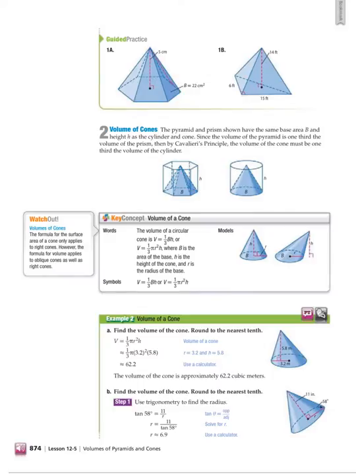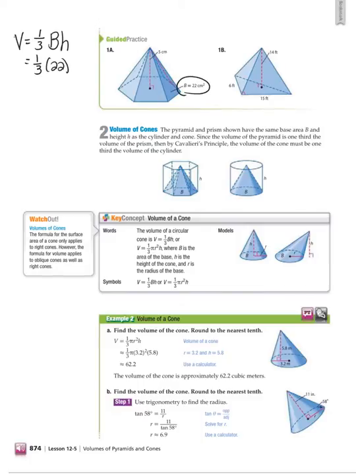All right, 1A. They didn't tell me if I have a regular hexagon or not for my base, but I probably do. They did give me the entire area this time, so that didn't challenge us as much as I would like. So my volume on 1A is, again, write that formula so you know what to focus on, what you know and what you need to find. The uppercase B this time is given to be 22.